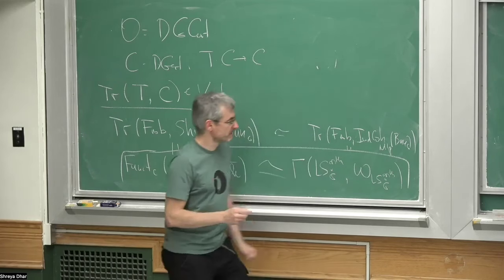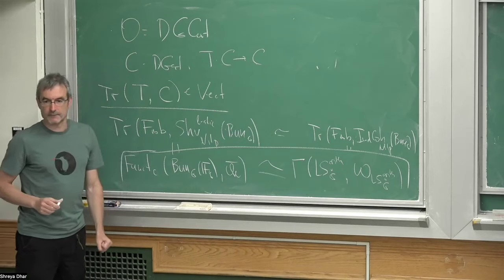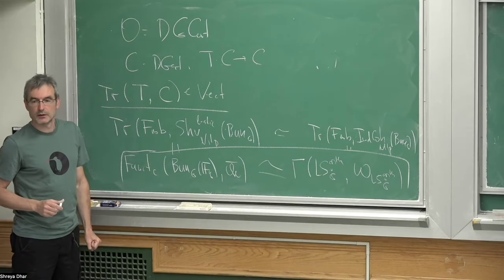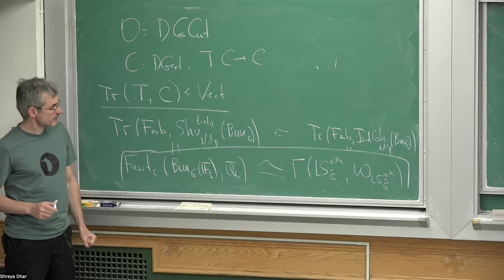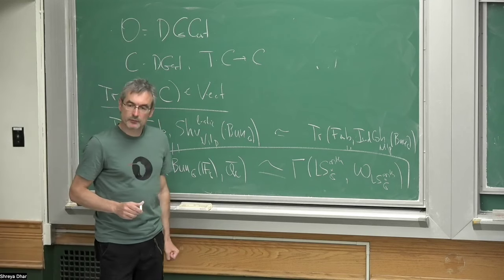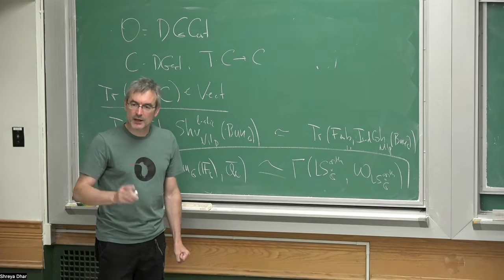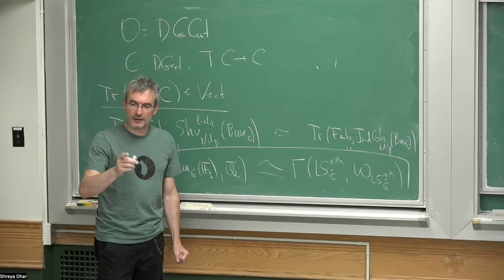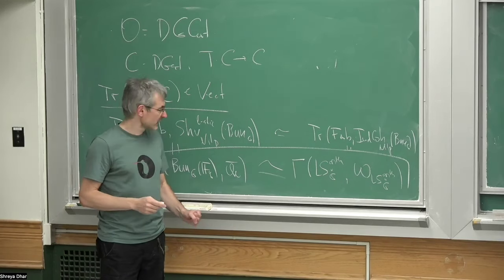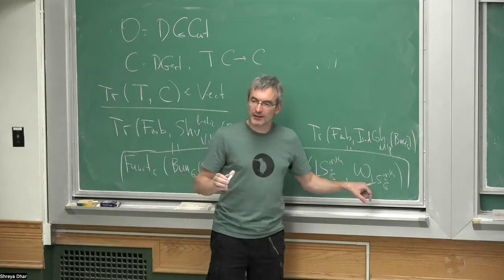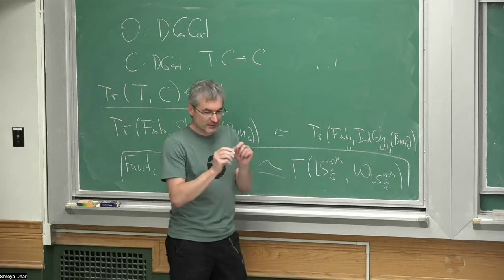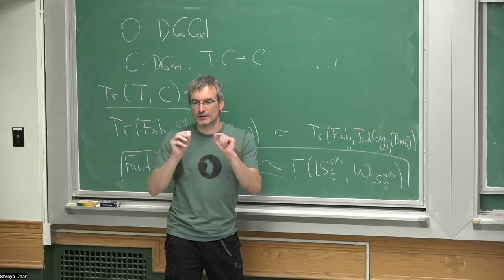What happens for GL_n? So is the claim that then there should be a bijection between cuspidal... Yes. For cuspidal, the cuspidal locus is smooth, and then it's just really a bunch of singletons.